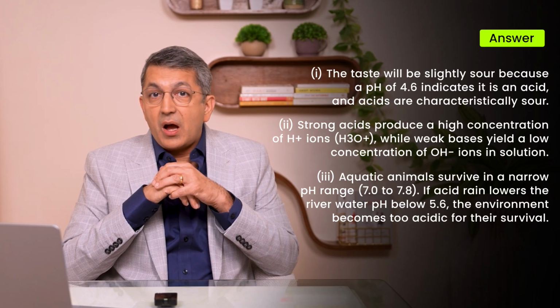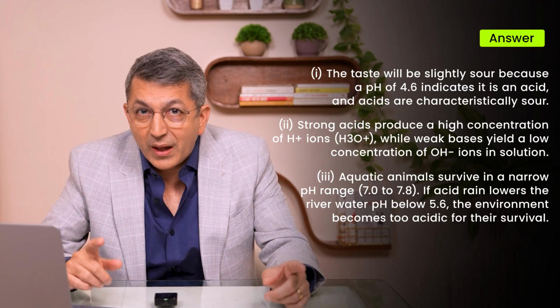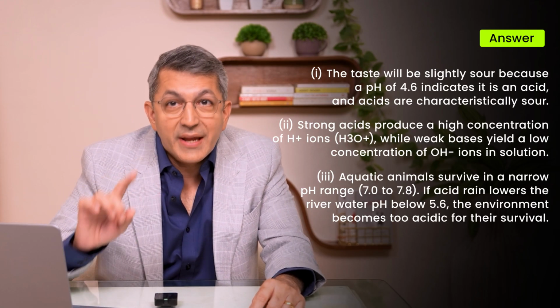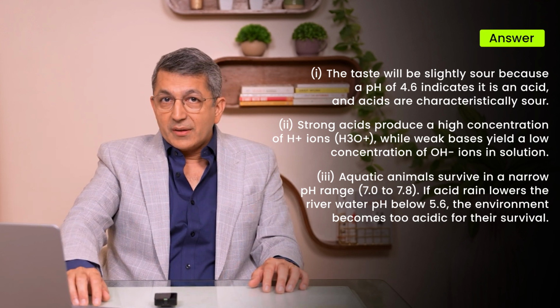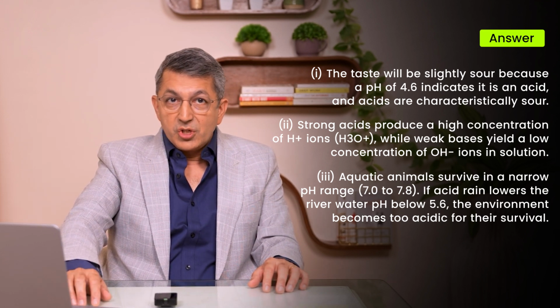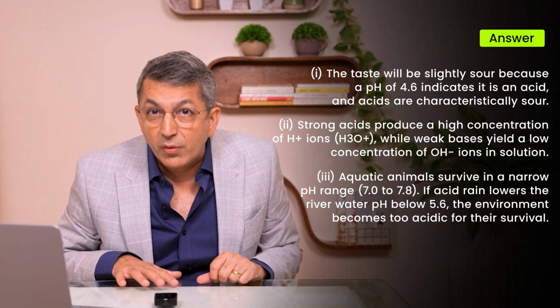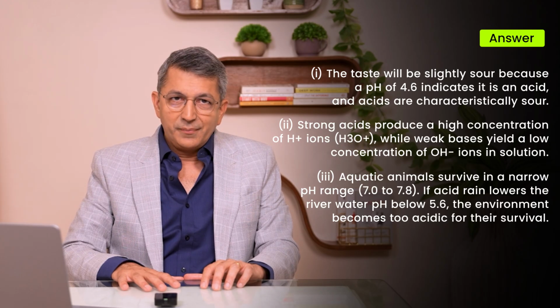Strong acids produce a high concentration of H+ ions (H3O+), while weak bases yield a low concentration of OH- ions in solution. 3. Aquatic animals survive in a narrow pH range, 7 to 7.8. If acid rain lowers the river pH below 5.6, the environment becomes too acidic for their survival.